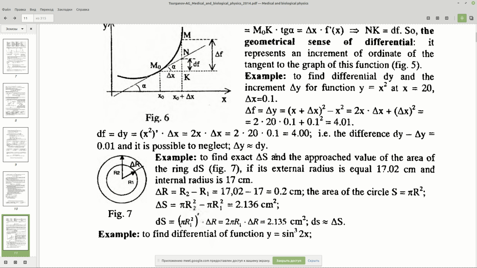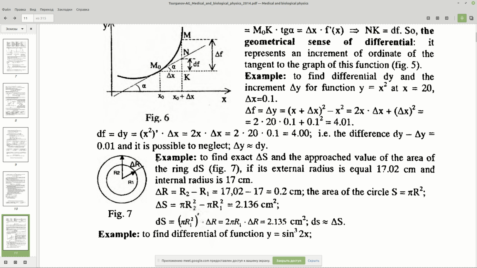So this delta R is 0.02, the difference between the external and internal radius.